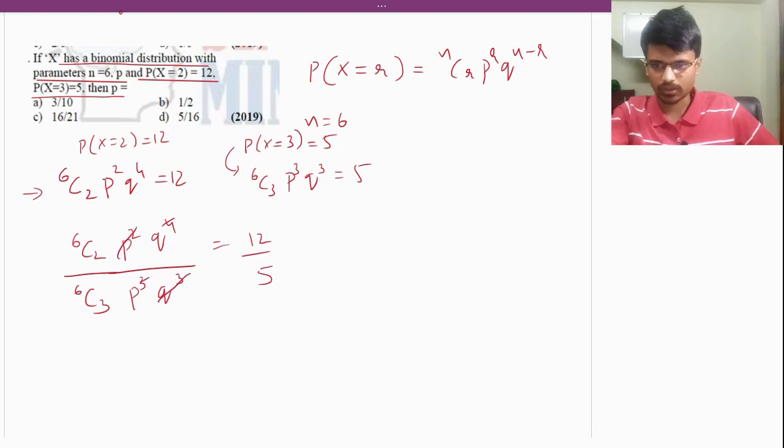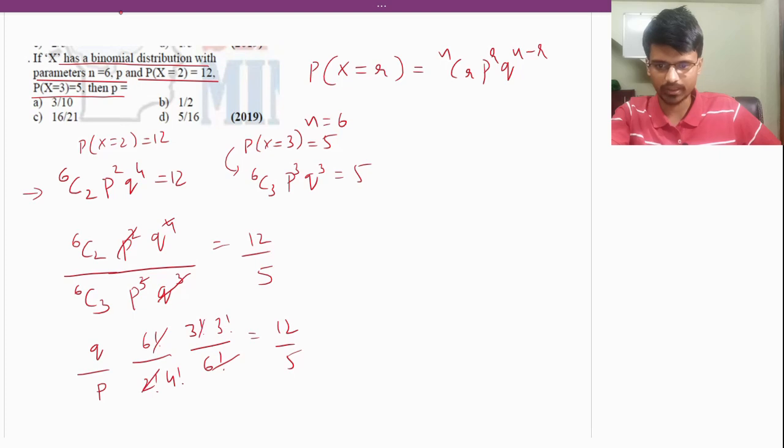So this is q by p, and 6C2, I need to simplify: 6 factorial by 2 factorial 4 factorial, divided by 6 factorial by 3 factorial 3 factorial, 12 by 5. 6 gets cancelled, 2 factorial, and this gets cancelled. 4 and 3 factorial gets cancelled. So I'm left with 3 by 4 q by p equal to 12 by 5.